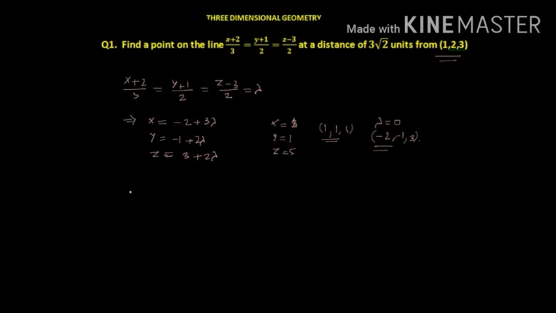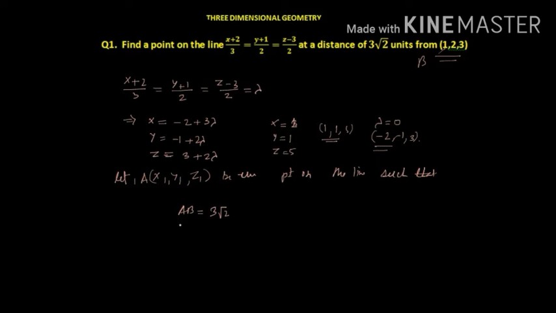Presently I do not know what value of lambda is there, so let me consider this to be say lambda 1, and then my point will be say x1, y1 and z1. For formality I am writing: let x1, y1, z1 be the point on the line, let me name it as A, and this given point is named as B, such that AB equal to 3√2.